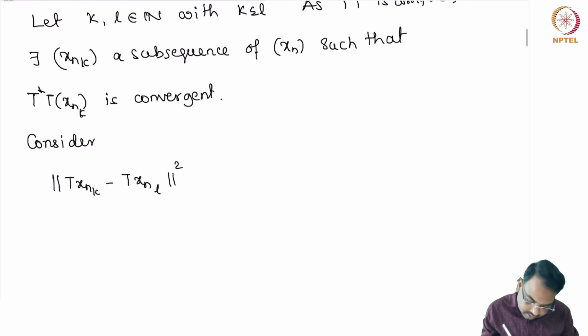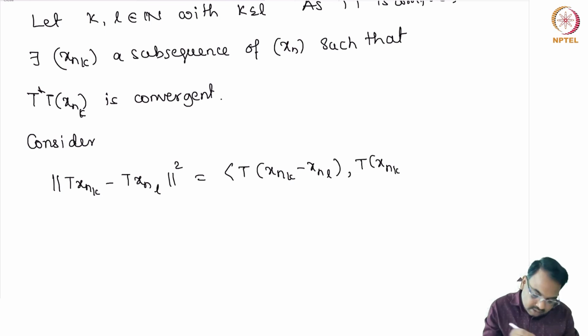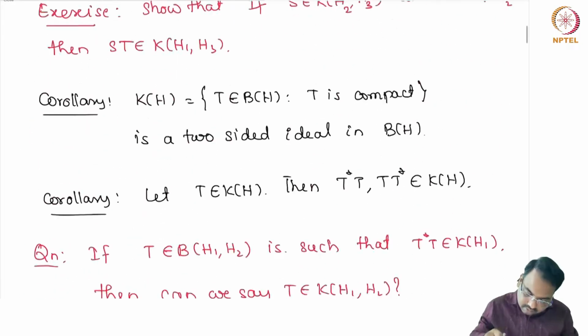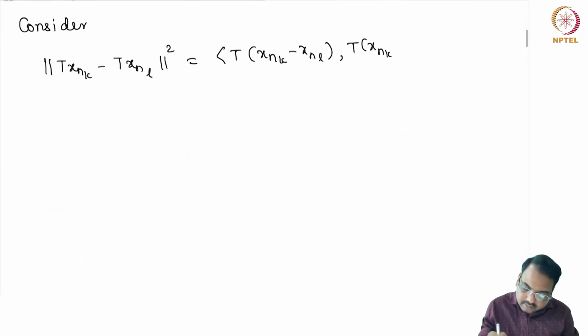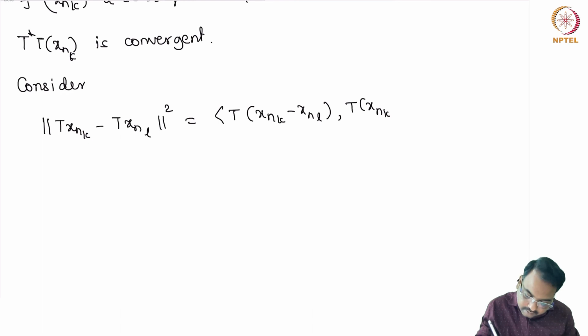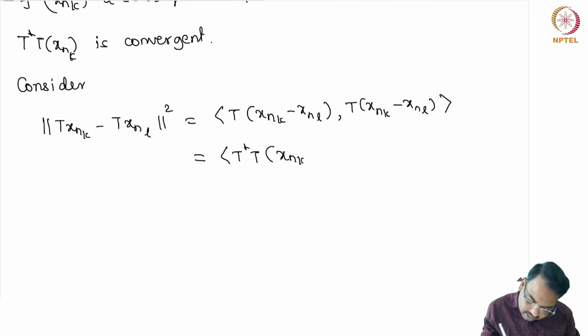So this we can write as inner product T of xnk minus xnl with T of xnk minus xnl. So this is inner product T star T of xnk minus xnl with xnk minus xnl.